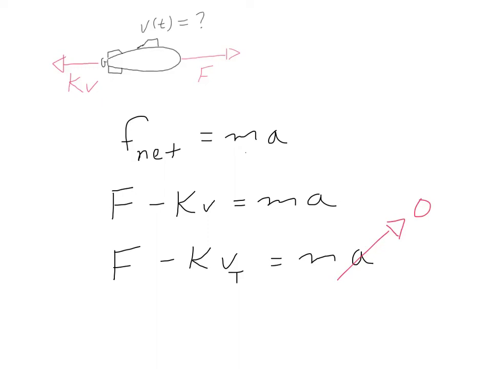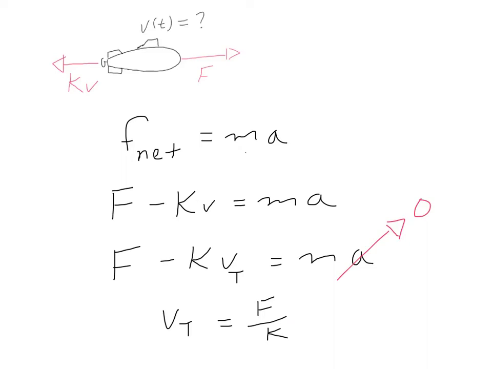Just like a skydiver falling through the air, eventually the wind resistance exactly cancels out the gravity pulling the skydiver downwards and accelerating them. So when the submarine reaches its maximum terminal velocity, the acceleration is 0. And notice that velocity, if I solve for the terminal velocity, is in fact F over k for my original equation.